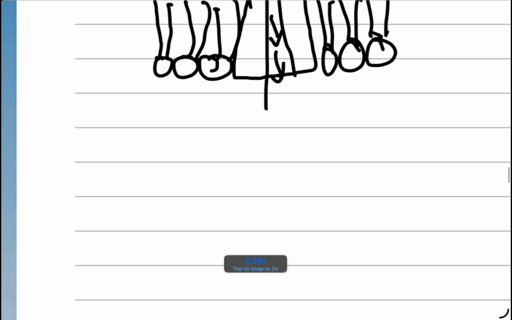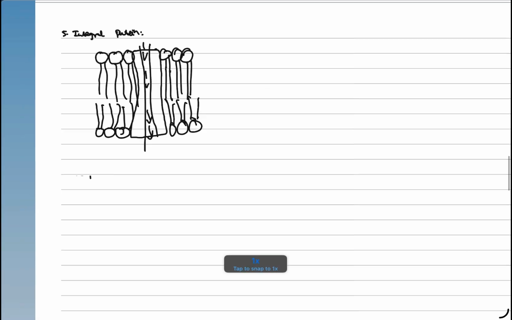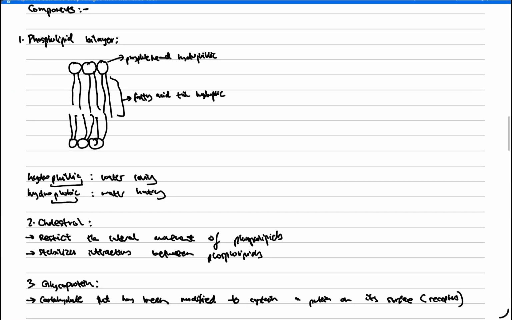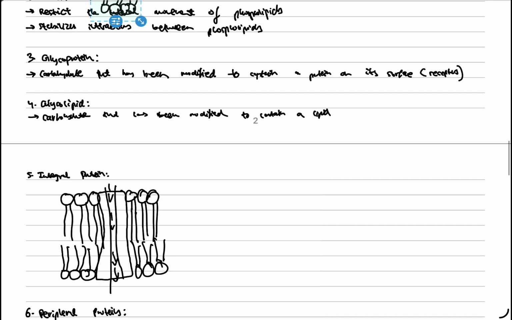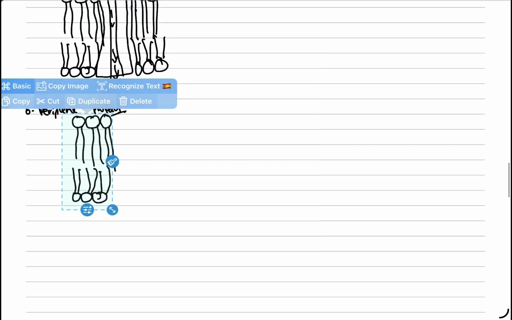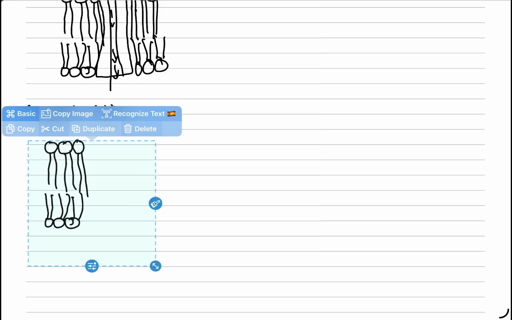Let's now move on to peripheral proteins, or the other kind. Once again, I'm gonna borrow my model from up. Can't be bothered to draw that again. Now let's bring this down. Let's move it a little further down.